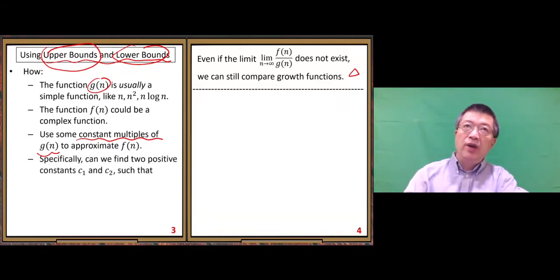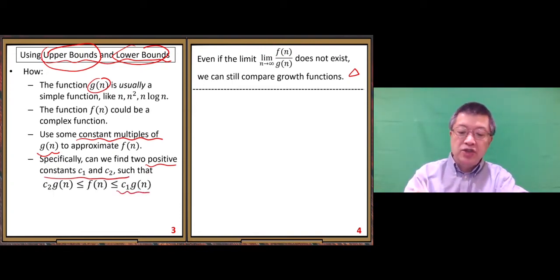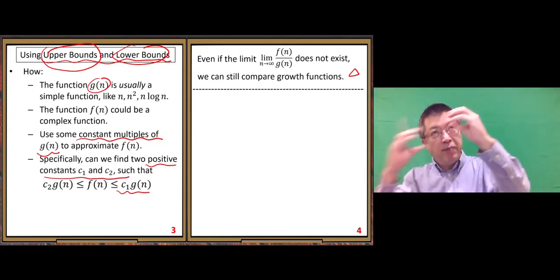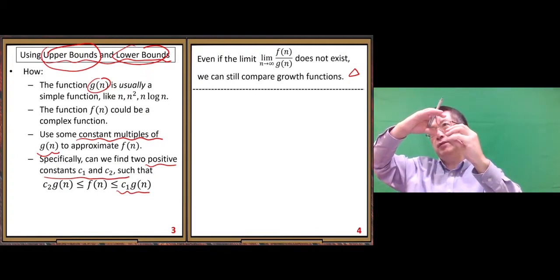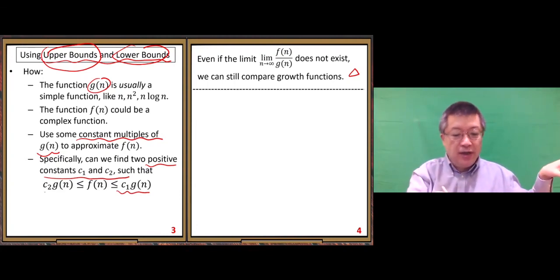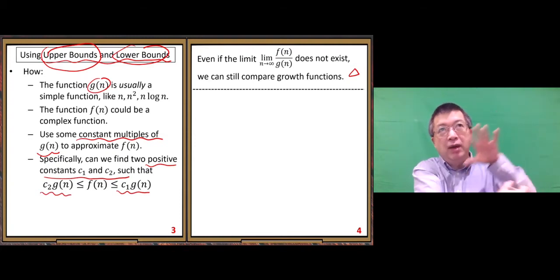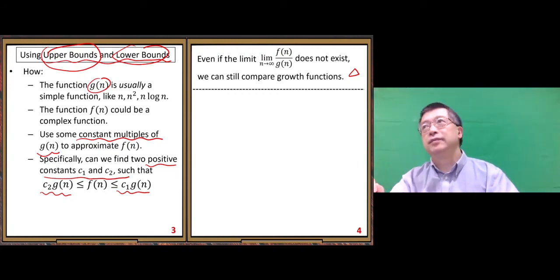More specifically, we can find two positive constants, C1 and C2, such that C1, a constant multiple of g of n, we can use to bound f of n above. That is the upper bound. On the other side, C2, a constant multiple of g of n, bounds f of n below.